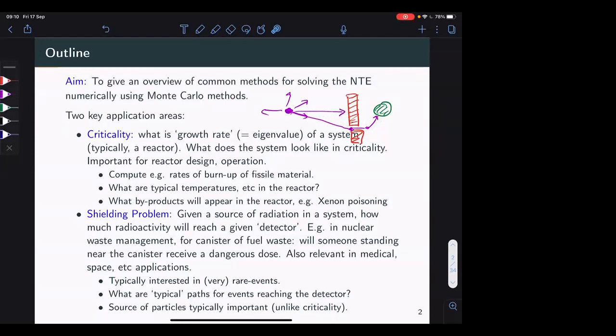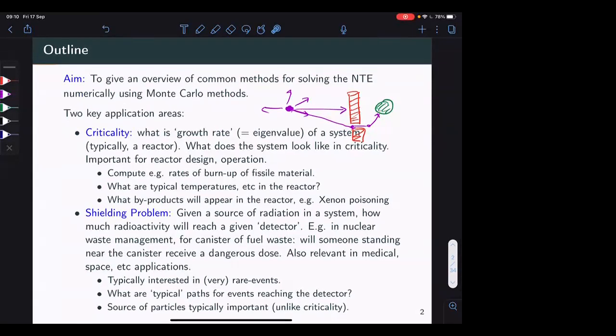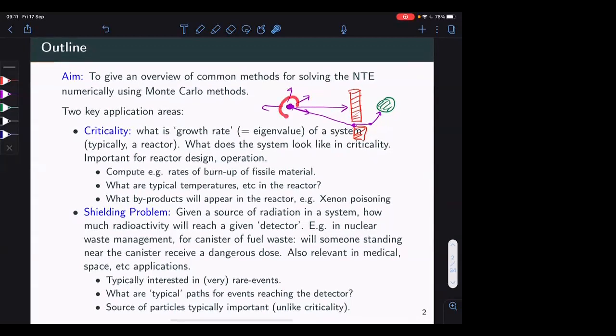In these problems the challenges can be slightly different. Mathematically, they're different. Also, in the shielding problem we're typically worried about where the source is, how much is coming off, how much radioactivity it is producing, and what type of radioactivity. That's going to be a crucial question.